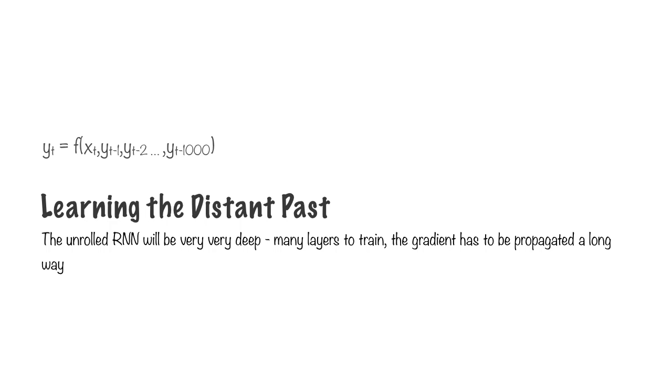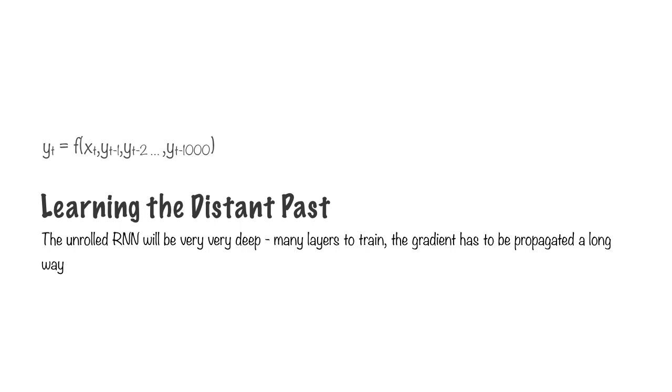Because RNNs work very well with time series data, it's often the case that you'll have problem statements where you want to look very far back in time for patterns which affect the present. This is when you learn the distant past. In the formula represented here, notice that y of t depends on the output 1000 time instances in the past.